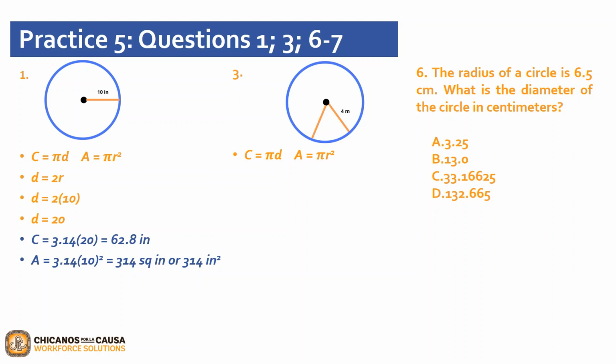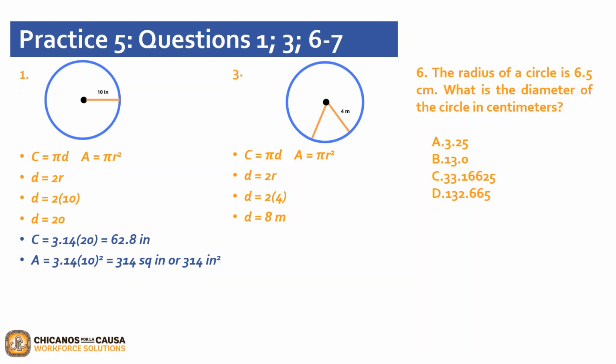So in order to find the diameter of this circle, we're going to have to use our formula for the diameter. So diameter equals 2 times the radius. In this instance, our radius is 4 meters. So the diameter will be 2 times 4, giving us a total of 8 meters.